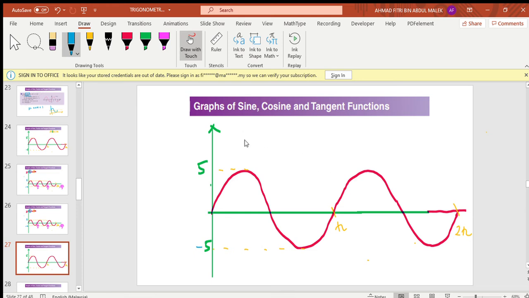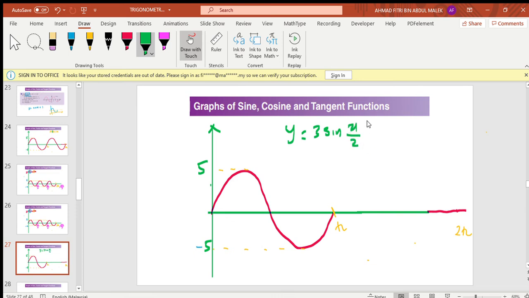Okay, I want to draw the function y equals 3 sine x over 2. So what happened? You just change the amplitude. Remember the amplitude now becomes 3 and negative 3.